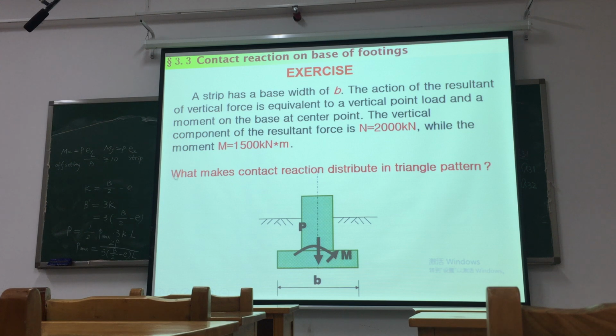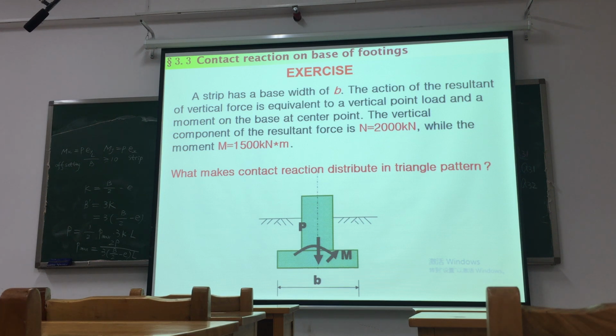Okay. What may the contact reaction be, distributed in a triangle pattern? Here, the foundation is subjected to a vertical centric load or vertical eccentric load.